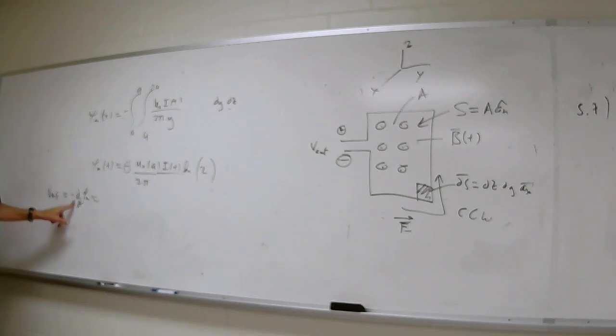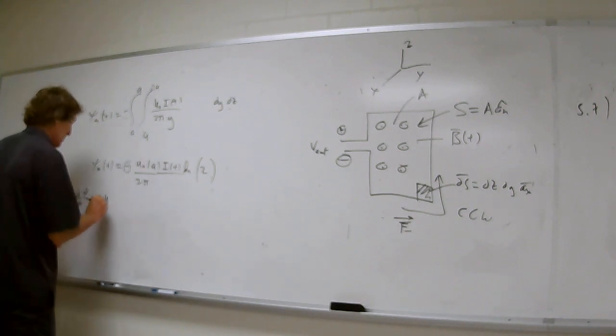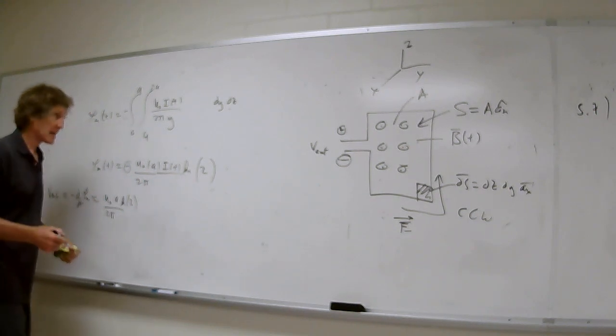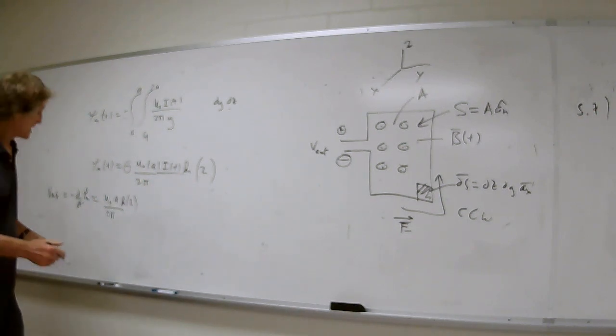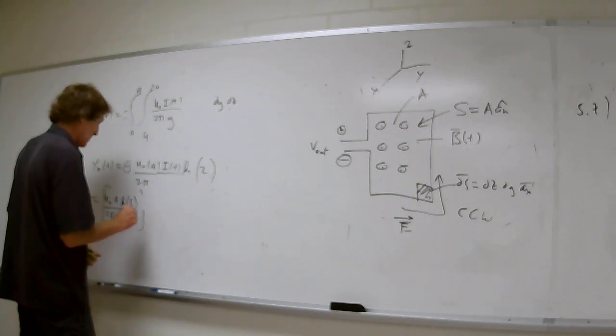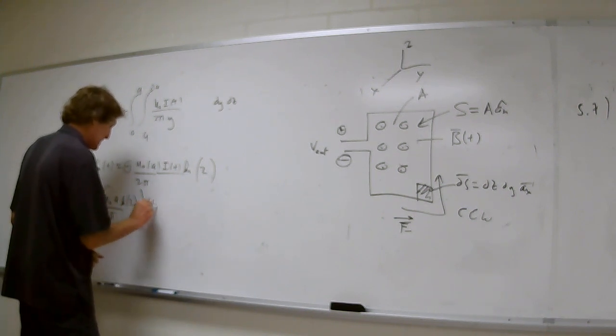They'll cancel. Do you all see that, class? So I end up with simply mu 0 a over 2 pi, then the natural log of 2, then I take di dt. Di dt, you said, is 110, right? Yep. All right, so it's times 110.